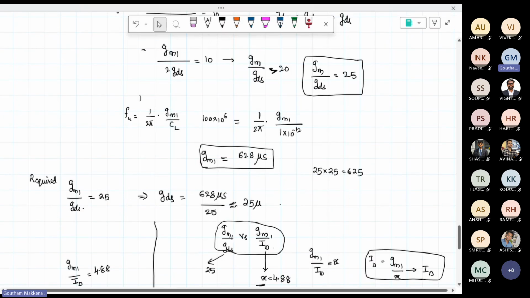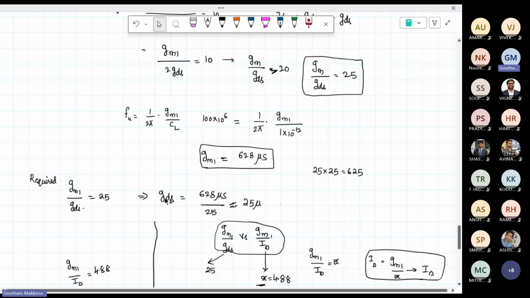From this we calculated GM. FU is 100 megahertz, that is already given. If you substitute things, I got the GM as 628 microsiemens. So from GM1 we calculated GDS. GDS is 628 divided by 25, because we assumed that GM by GDS is 25.